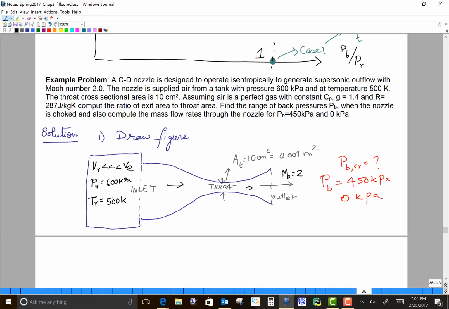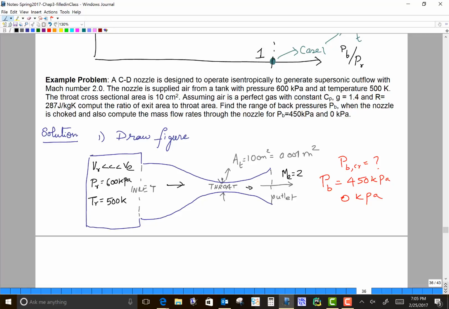The nozzle is supplied air from a tank with pressure 600 kilopascal and a temperature of 500 Kelvin. Okay, and the throat cross-sectional area is provided. And assuming air is a perfect gas with constant Cp, gamma equals 1.4, R is 287, all of this is provided.